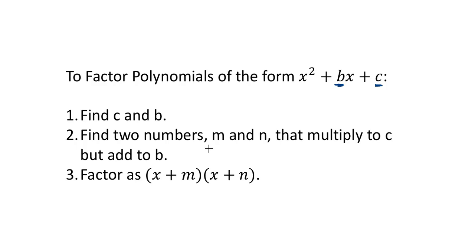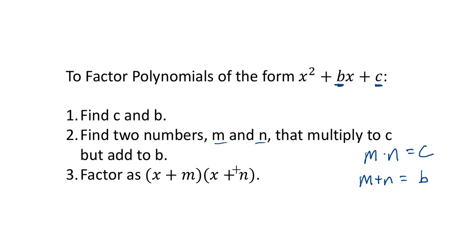The second step will be to find two numbers, which I'm going to call M and N just to give them some names, that multiply to C but add to B. So if I take M times N, if I take those two numbers and multiply them together, it should multiply up to C, which is the constant term. But if I were to add those numbers together, it should add up to B, which is the coefficient of the middle term.